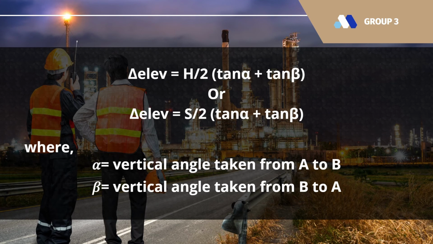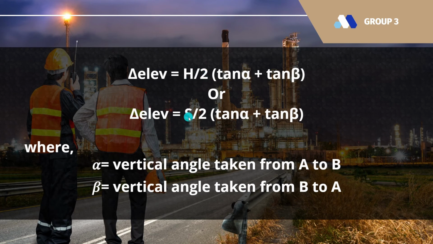The formula used for this technique is: change in elevation is equal to h over 2 times tan alpha plus tan beta, or change in elevation is equal to s over 2 times tan alpha plus tan beta.